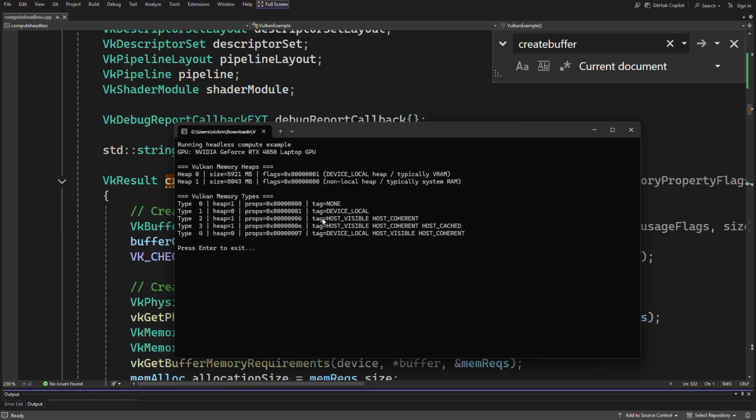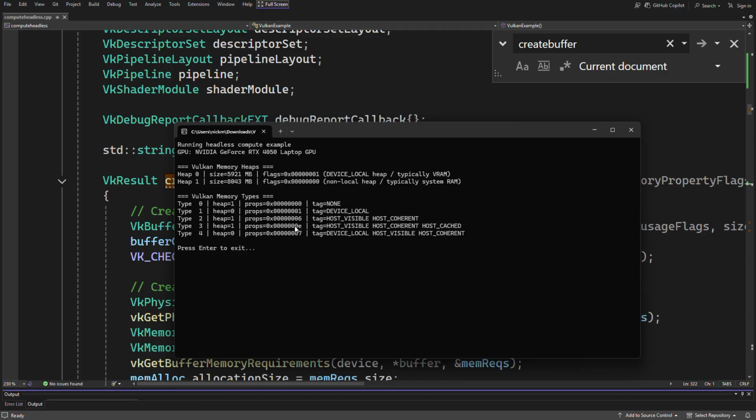And we know this because each one of these types is either heap 1 or heap 0. Either it's based on VRAM, which is GPU memory, or it's based on system RAM, which is CPU memory.